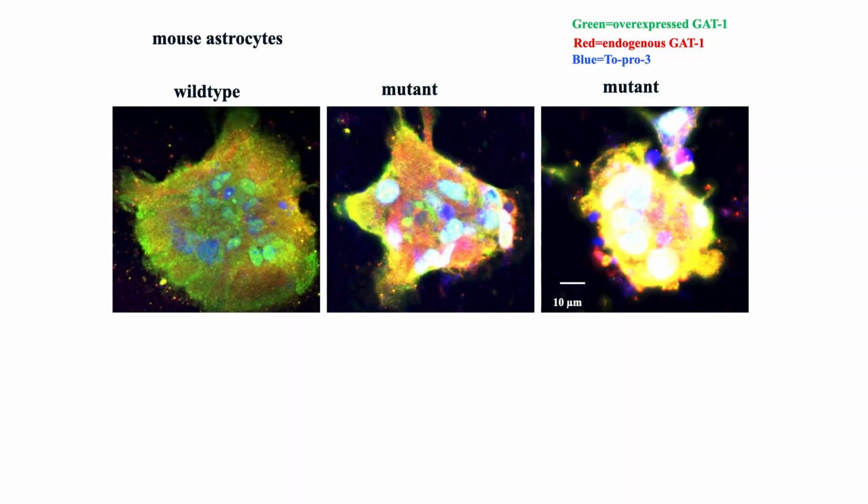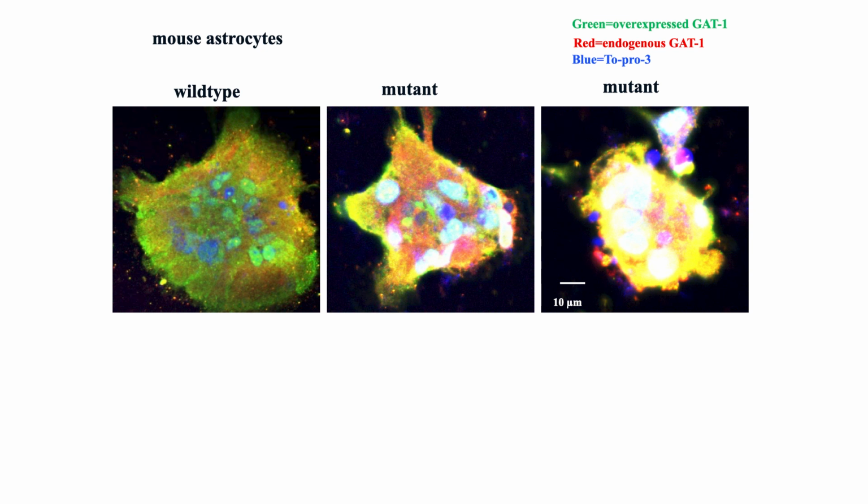We also did a study in mouse astrocytes to see how this mutant protein oligomerizes with the wild type allele. In these normal astrocyte cultures from mouse, the green is overexpressed GAT1, the red is endogenous GAT1, and the blue is the nuclear marker.